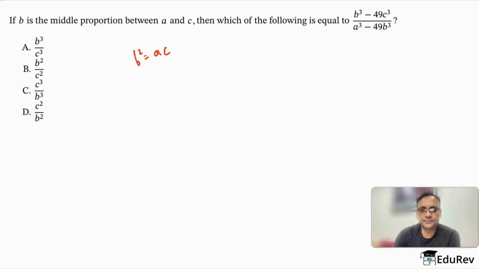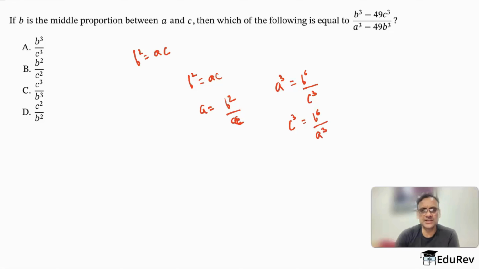If you see here, B square is equal to AC. That means A is equal to B square by C, sorry, so A cube is equal to B to the power 6 upon C cube. And similarly, C cube is equal to B to the power 6 upon A cube.